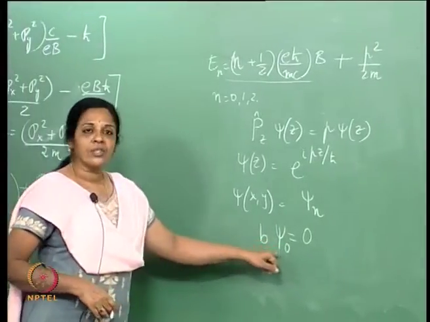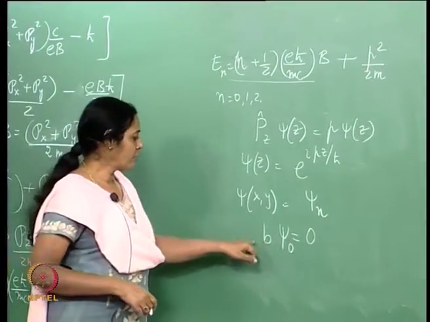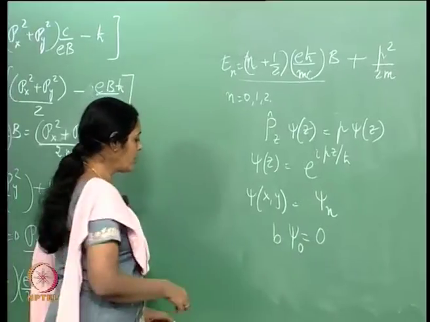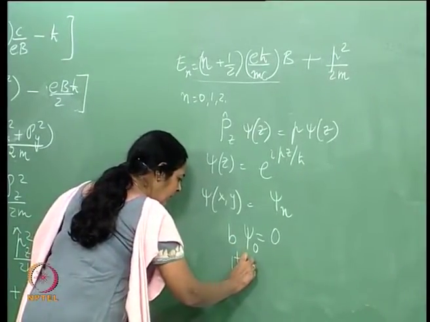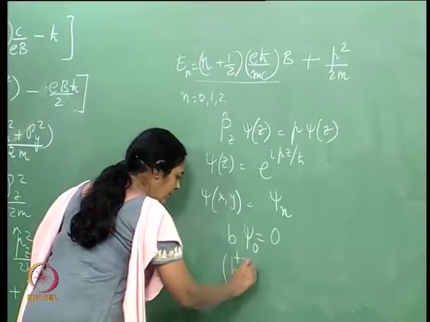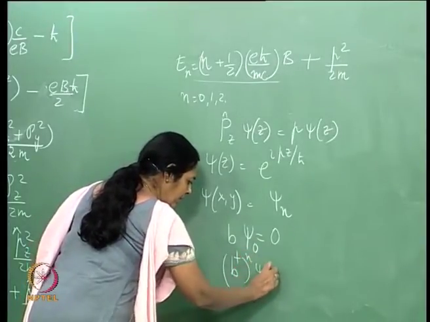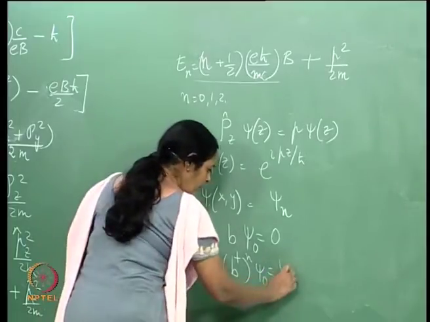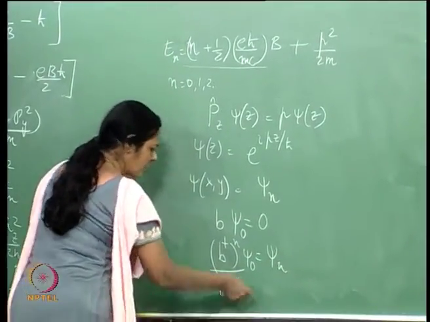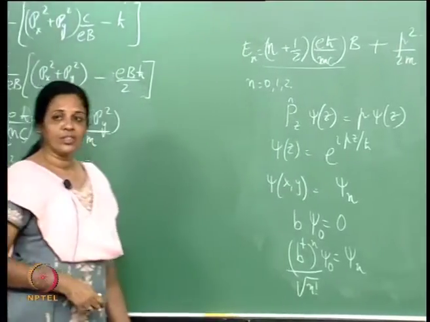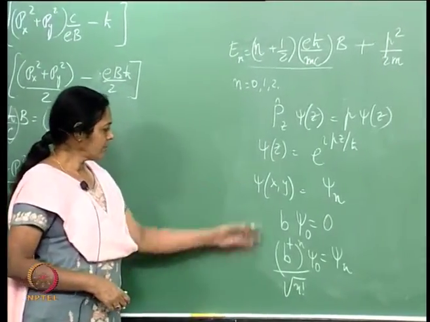This is like the ground state of the harmonic oscillator, and therefore I write B psi_0 is equal to 0, and then I create the various excited states by repeated application of B dagger. So I apply B dagger n times to psi_0, that gives me psi_n, and for the sake of normalization I divide by root of n factorial. So this is what I have.